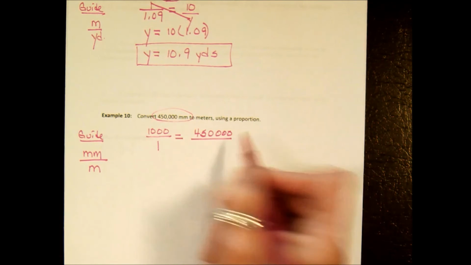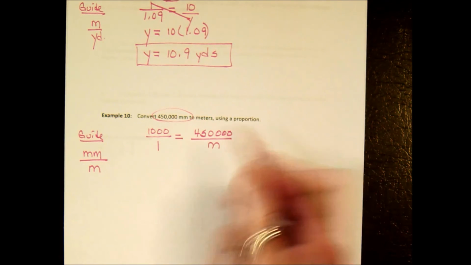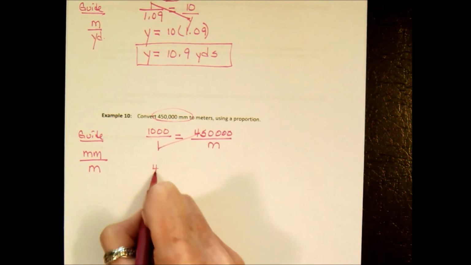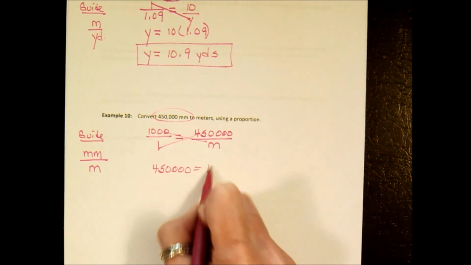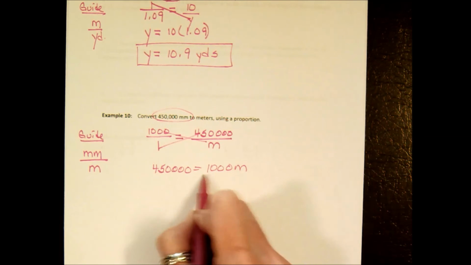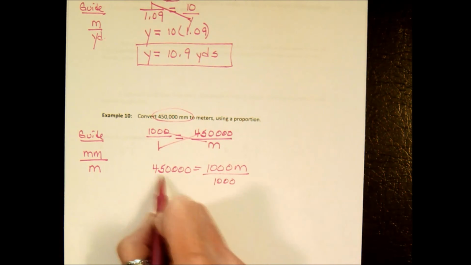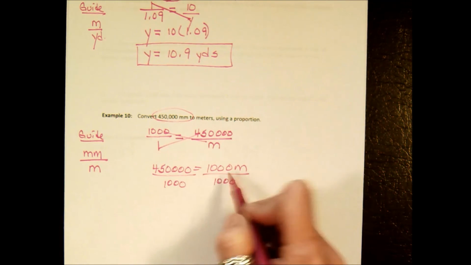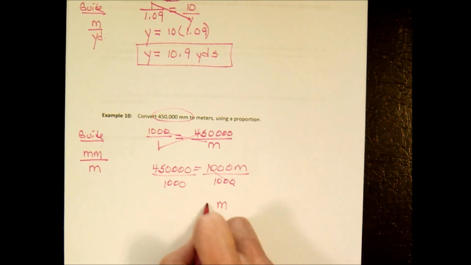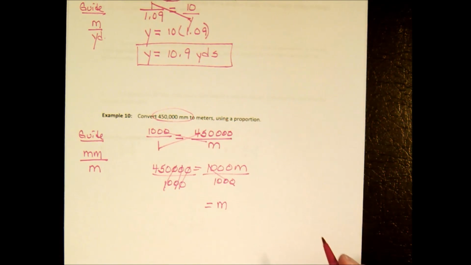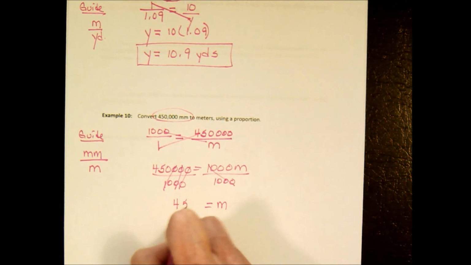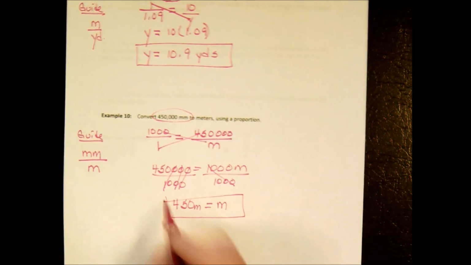And I'm looking for meters. So 1 times 450,000 equals 1,000 m. Divide both sides by 1,000, which is easy to do because I can just divide out all those zeros, and I get the meters is 450. So m equals 450 meters.